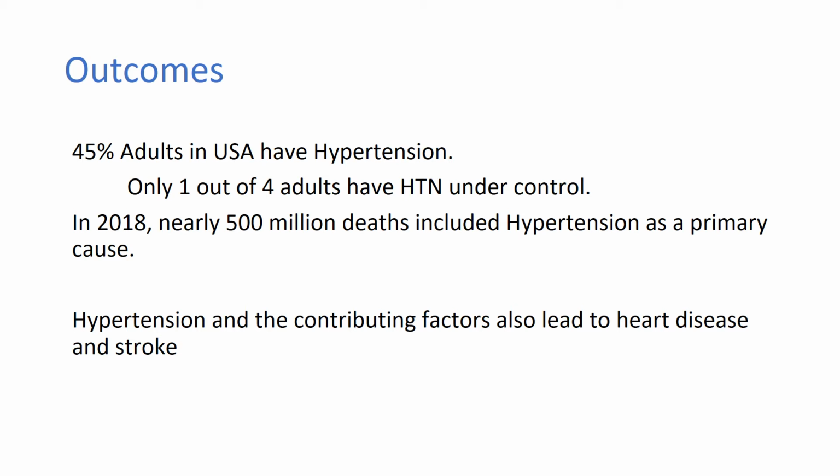In 2018, nearly 500,000 deaths included hypertension as a primary cause, and hypertension is just this huge contributing factor to a whole host of diseases, especially heart disease and stroke. 1 in 3 deaths caused by heart disease and stroke is the statistic for every year. And then 200,000 cases could be prevented if we just controlled hypertension with lifestyle choices.